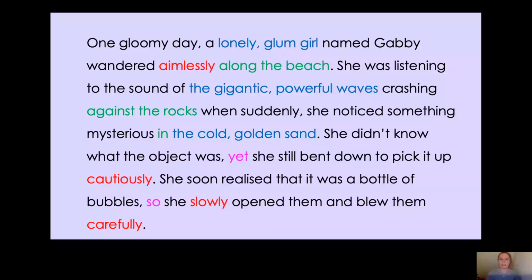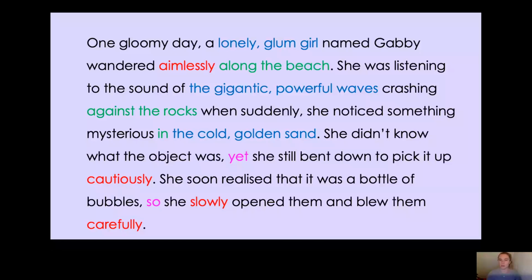Next sentence. She didn't know what the object was. Now here I've used yet, so I'm going to have a contrasting sentence. Even though she didn't know what it was, yet she still bent down to pick it up. We could have she didn't know what the object was, but she still bent down to pick it up. And I've described how she picked it up.